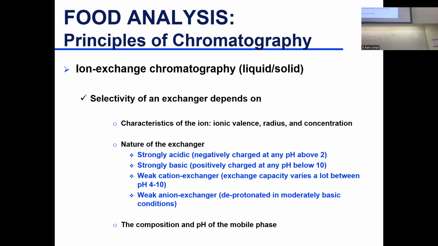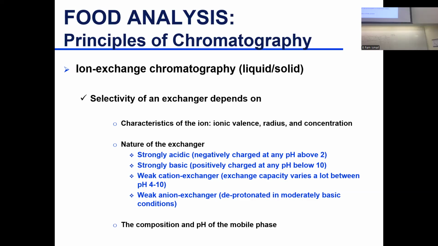So I will just change the pH of the buffer that I'm running. So let's say I can make it more basic, increase the pH. Or I can decrease the pH. Let me go with decrease the pH.